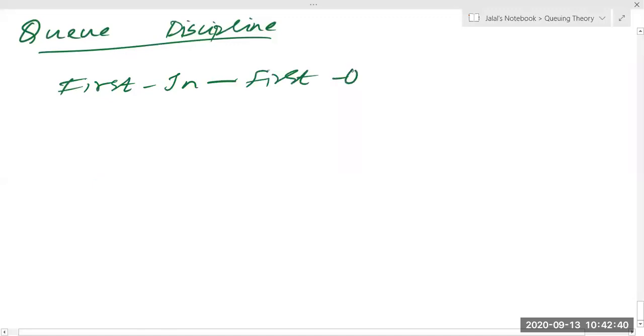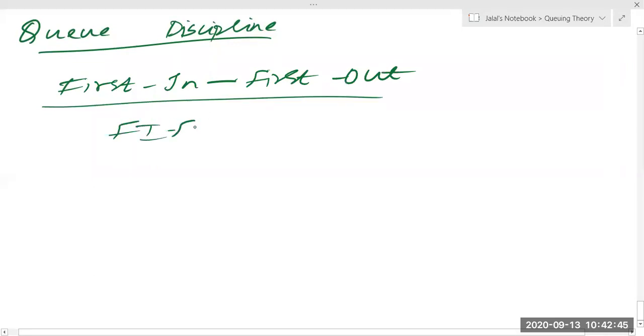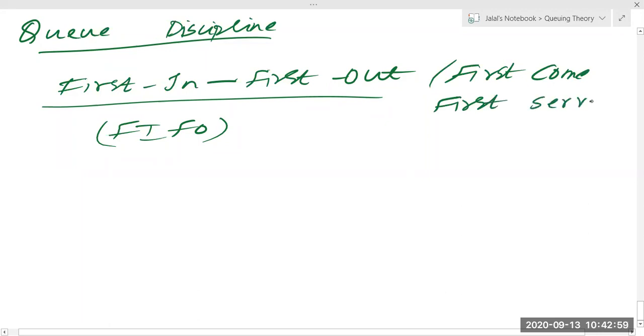Simple. FIFO, we call this the FIFO model. The queue discipline, or queue principle, is always first in first out, or it can also be called first come first serve. You also call it FCFS.